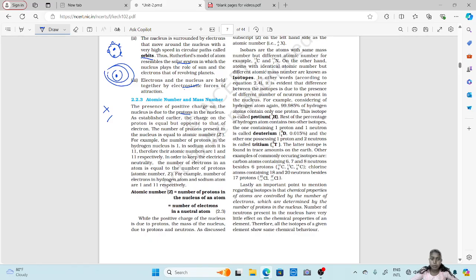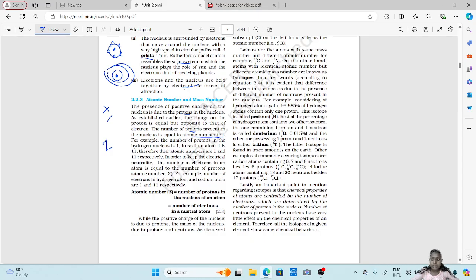The number of protons present in the nucleus is called the atomic number. Now, what is atomic number? It is the number of protons present in the nucleus and it is represented as Z. For example, the number of protons in hydrogen is 1.